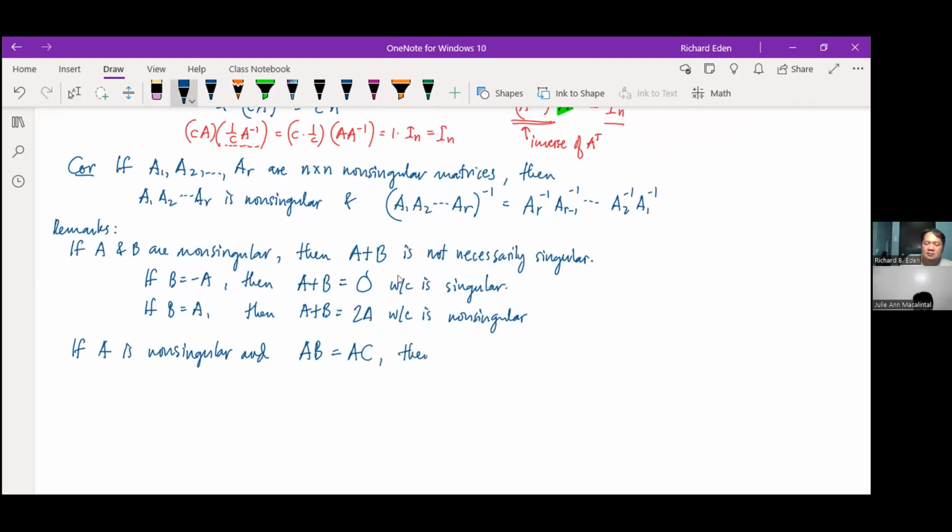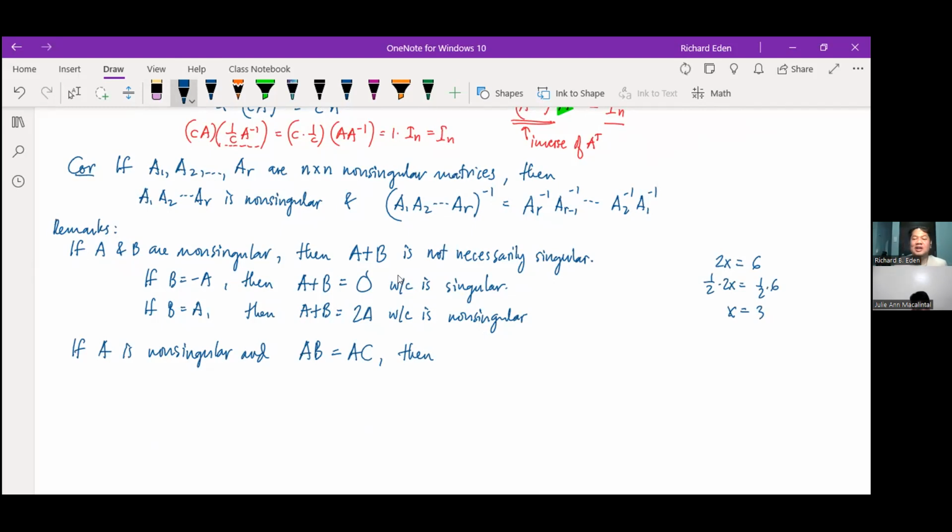Well, we were thinking of cancellation. When you have 2x equals 6, when we cancel 2, what we're doing is we are multiplying by 1/2. So multiply both sides by the inverse of A. So casually, from 2x equals 6, we write down x equals 3. But if we recall what exactly led to that, it was because we canceled.